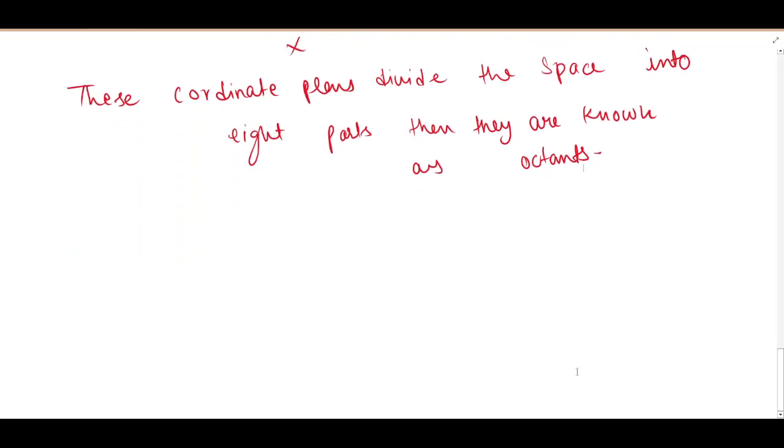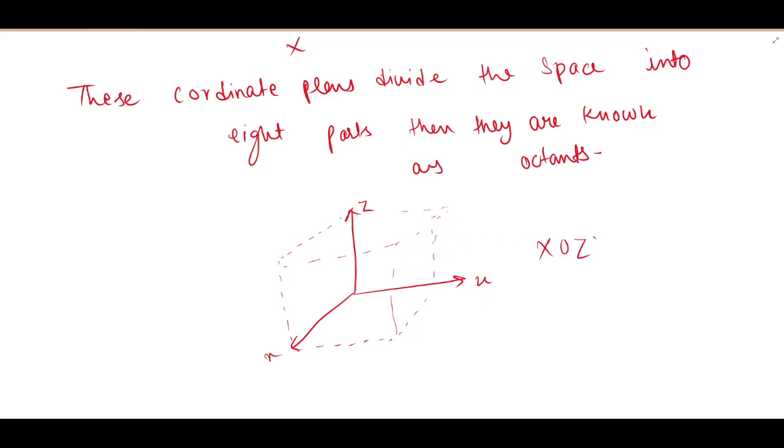So if we have the z-axis, x-axis, and y-axis, this is the first octant, x o y z, the first octant.